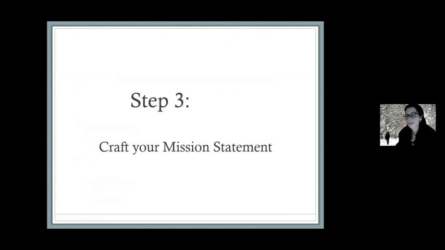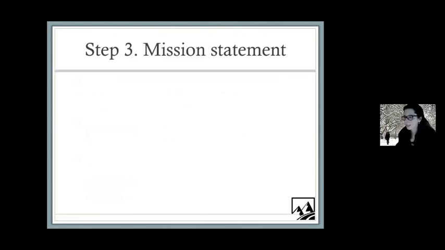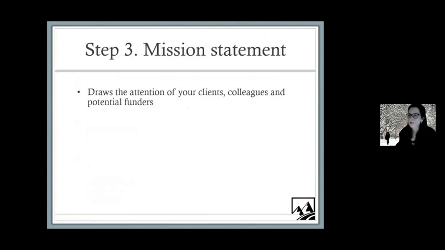Now we're going to go back to the mission statement, and here there are a couple of considerations. First, you want to draw the attention of your clients and colleagues and potential funders. So a mission statement, in addition to being short, 2 to 3 sentences, like I said before, should be grabby. It should make your listener want to know more.